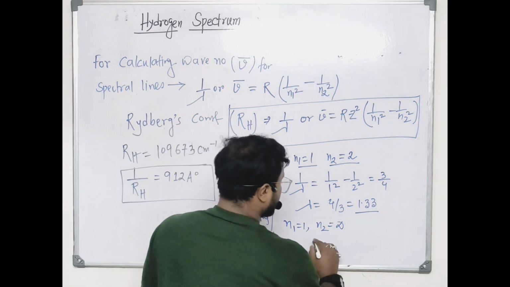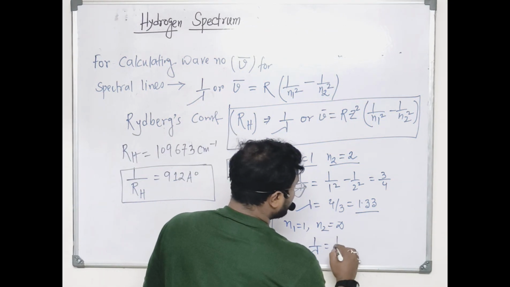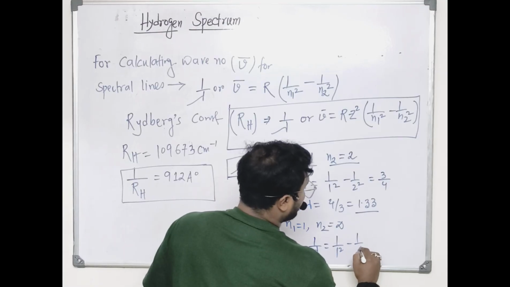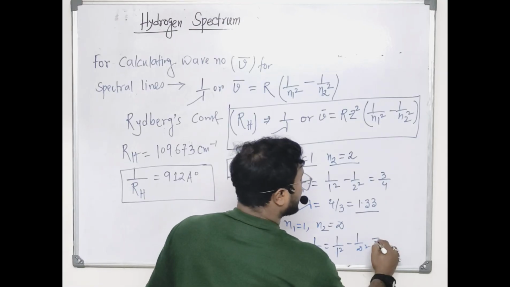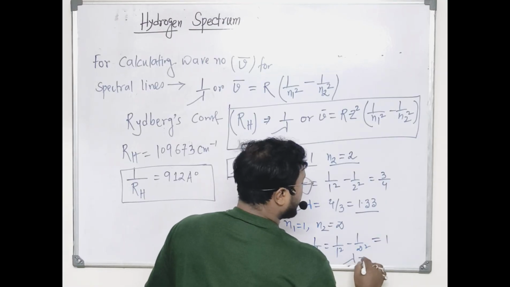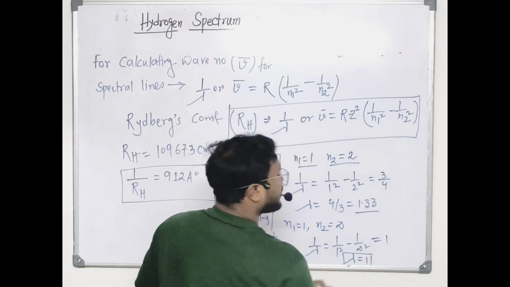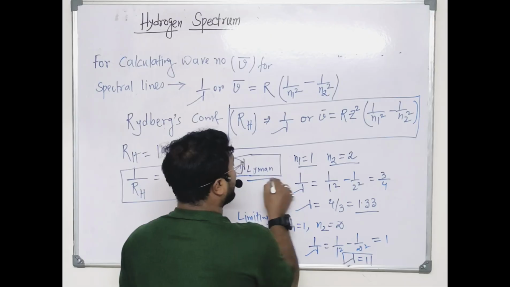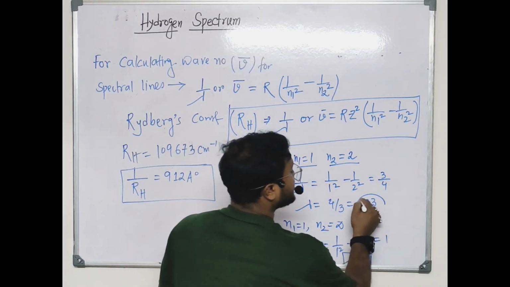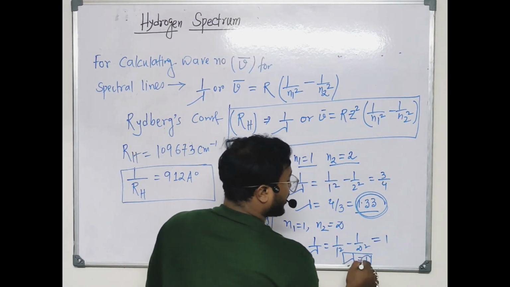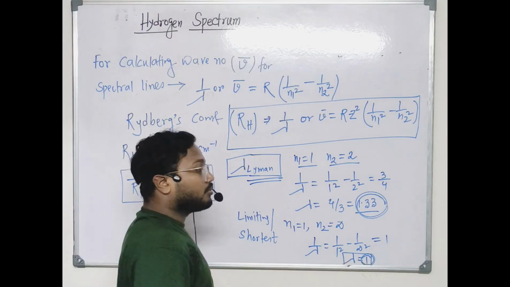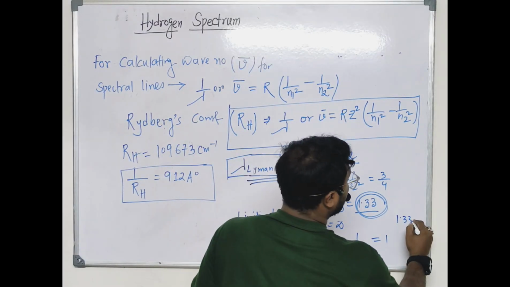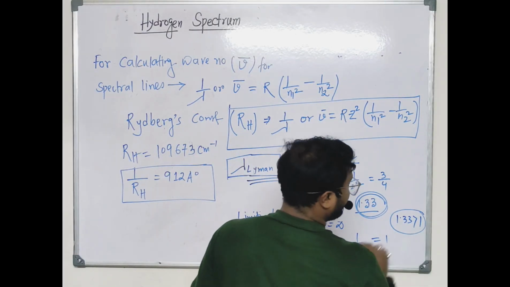See, in this case 1 by lambda equal to 1 by 1 square minus 1 by infinity square, that comes 1. So lambda will also come 1. Whenever you are solving the mathematical equation, for the longest wavelength the value is coming 1.33, whereas here lambda is coming 1. We know that 1.33 is always greater than 1.